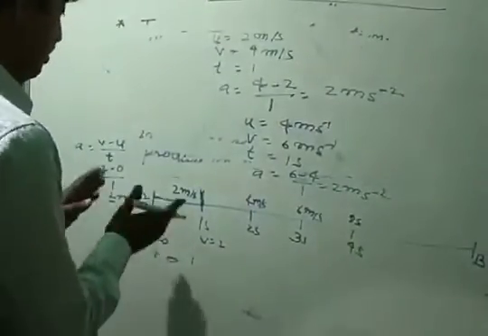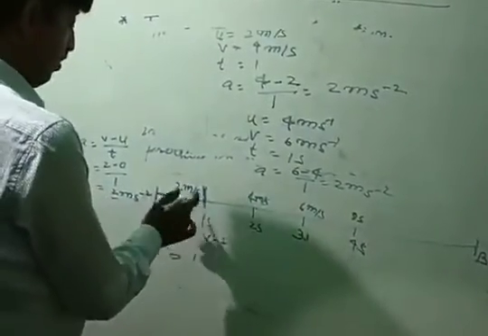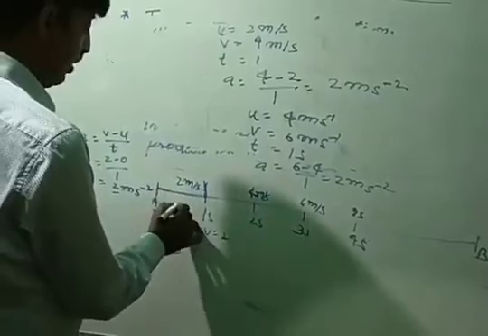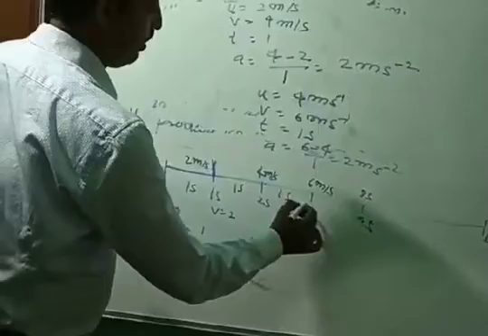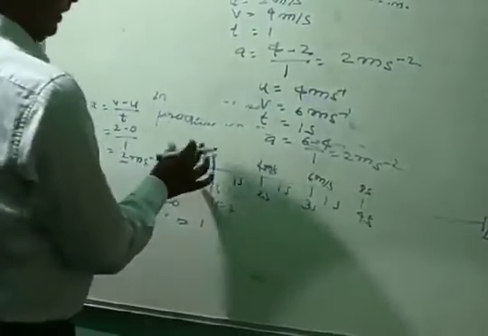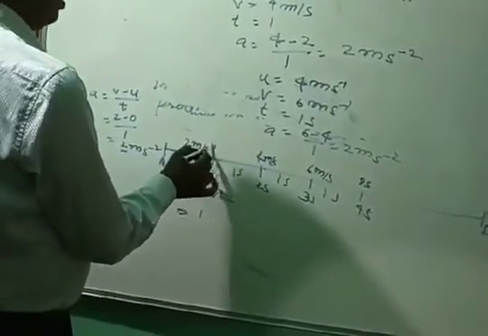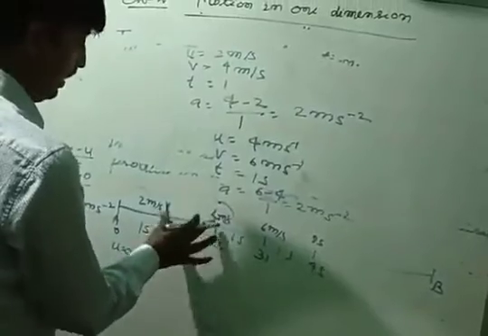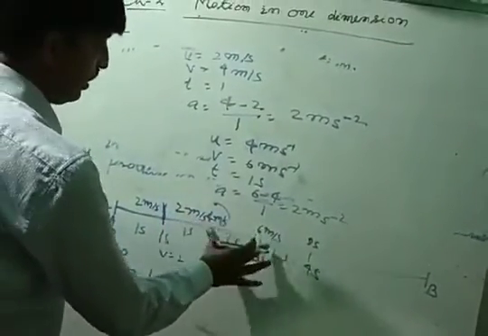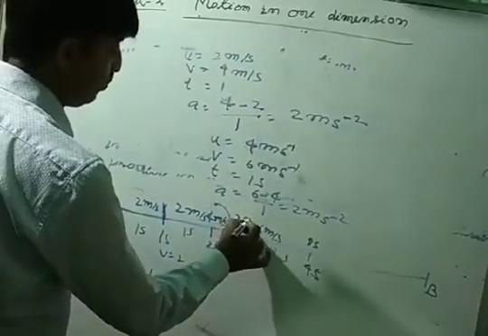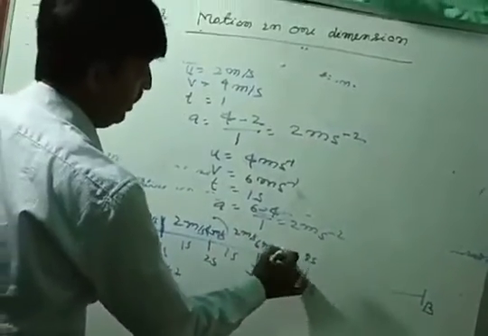So we see that in every equal interval of time, 1 second, 1 second, 1 second, the change in velocity is 2 meter per second. Here also the change in velocity is 2 meter per second, here also, and here also.